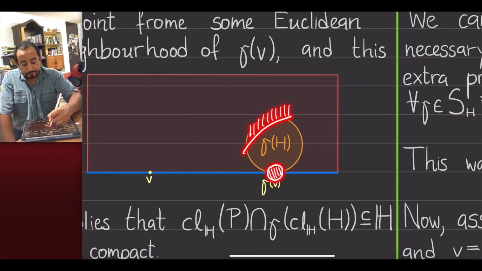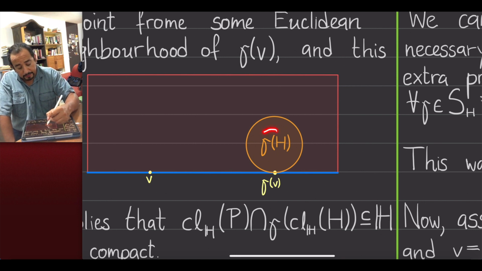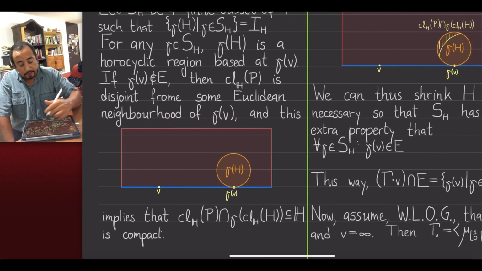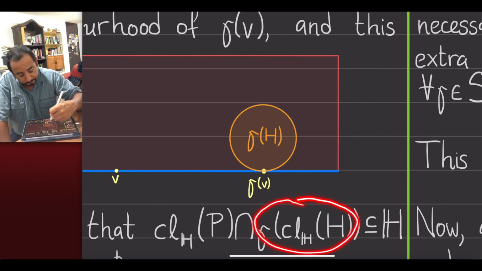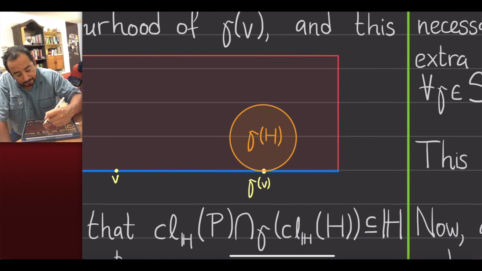All right, now notice the following. This is a horocyclic region. Its topological closure in H is closed in H, but it's not compact because it doesn't have this point at infinity. So this closure, which is actually gamma of the closure of H, is not compact. But nevertheless, when I consider P bar intersected with this topological closure in H, it is contained in this compact set, since I delete from it this open Euclidean disk.